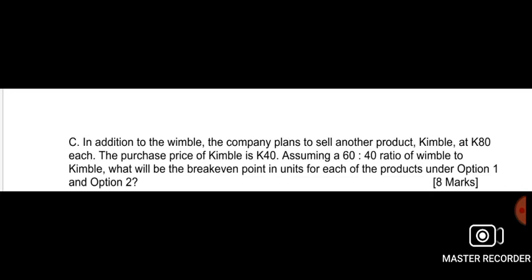Just take note of all these figures they've mentioned in C. They'll be very key because you're going to be solving them simultaneously for the two products, and then you get the break-even point. So put Kimbo here, and Wimbo here, the two products. This is how you solve multi-product. The first step is, you need the contribution per unit when you have been asked for the break-even point in units.